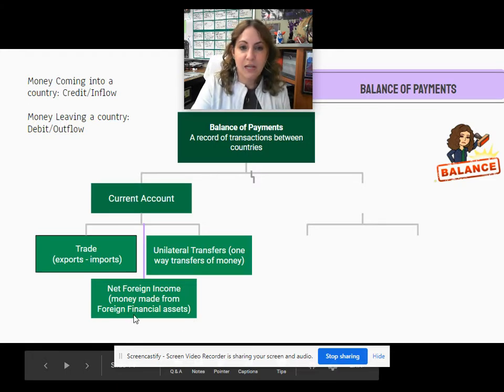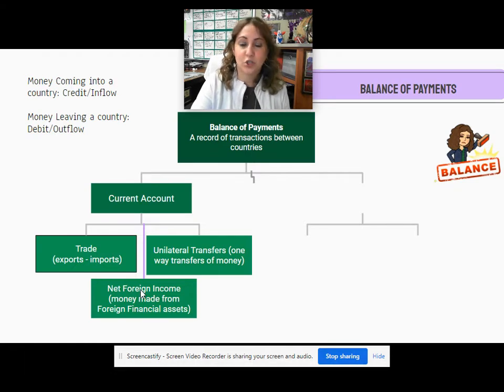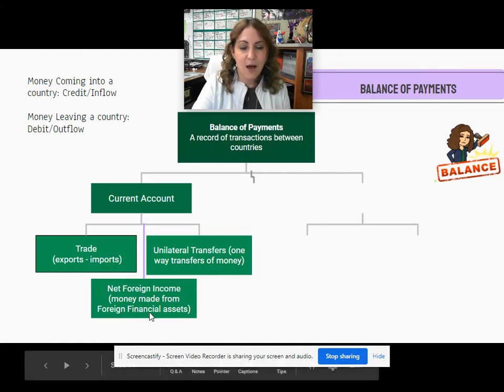If you make any money from a foreign one, it has to be foreign, because otherwise it wouldn't be in the balance of payments, which is between countries. So not money that you make in your savings account, but maybe you have a savings account in France or Switzerland, or bonds in a different country, or foreign stock. So maybe you wanted to buy Honda stock.